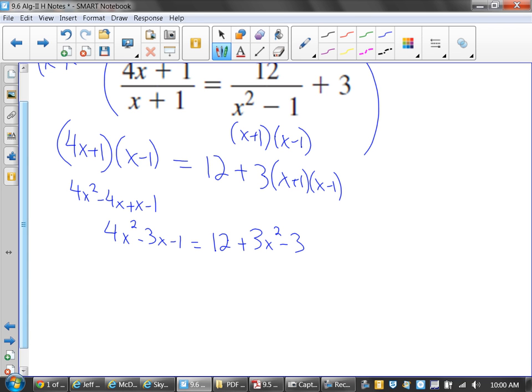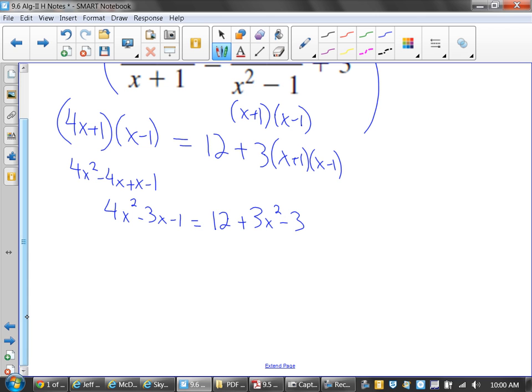All right? So now it's just a matter of, you've got variables on both sides. You want to set one side equal to 0. What direction are you going to move? You're going to move everything to the left, because you want that x squared term to be positive. So I'm going to subtract the 3x squared. And here I just have a plus 9, so I have to subtract 9.